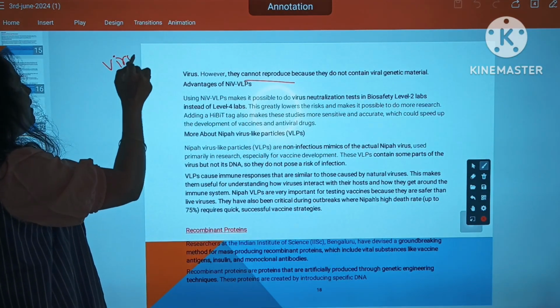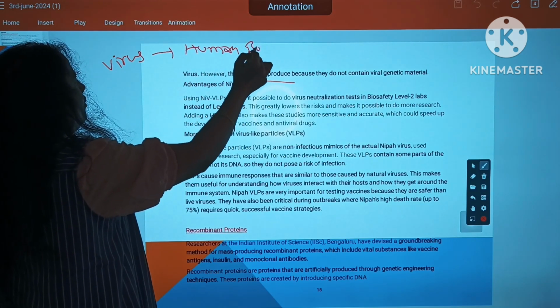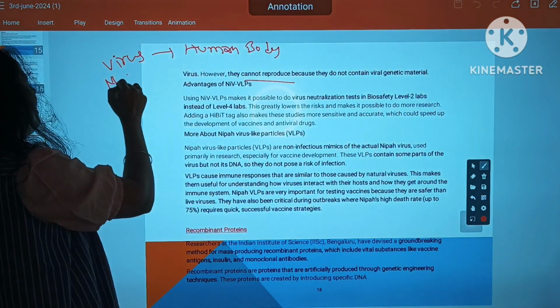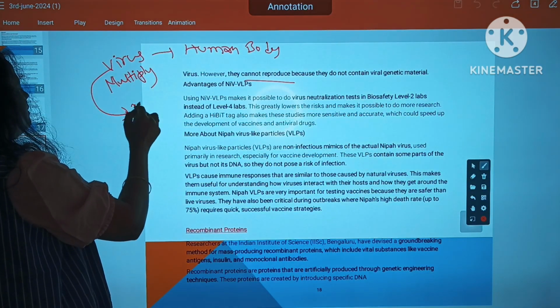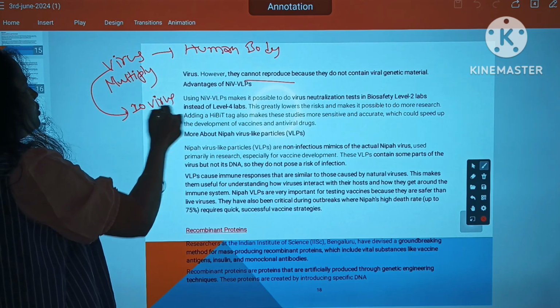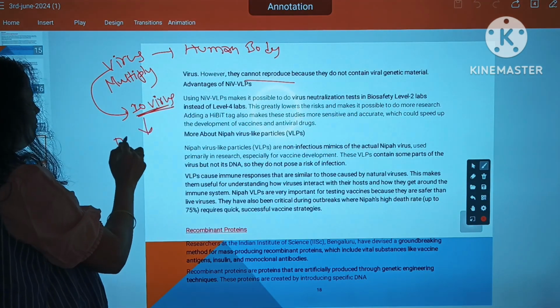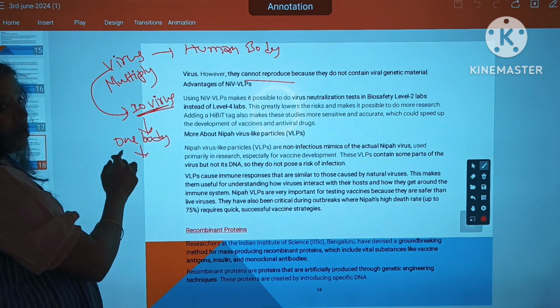One virus enters a human body. After the virus enters a human body, it will multiply. It will become 10 viruses. So these 10 viruses fight in our body, our organs. So what will happen? Our defense system can't work.